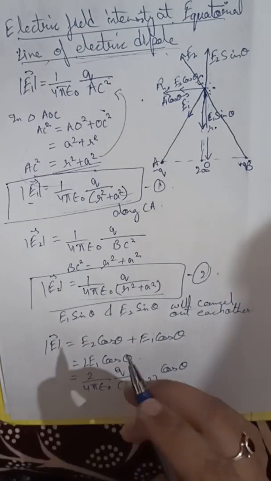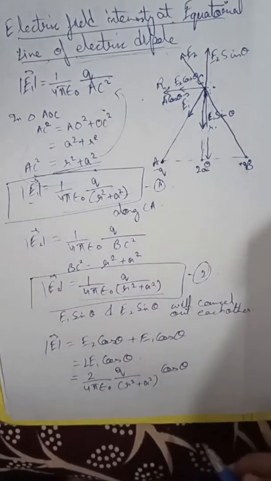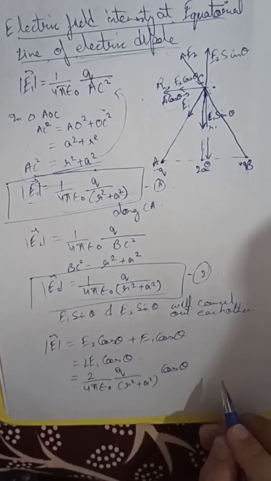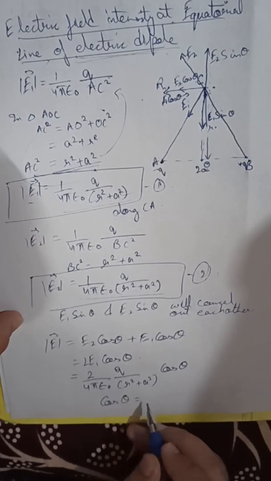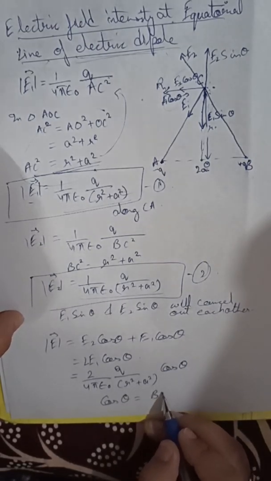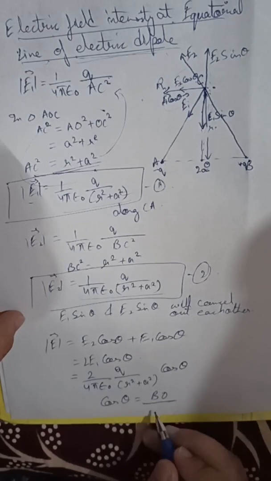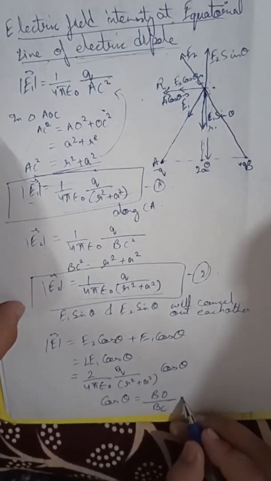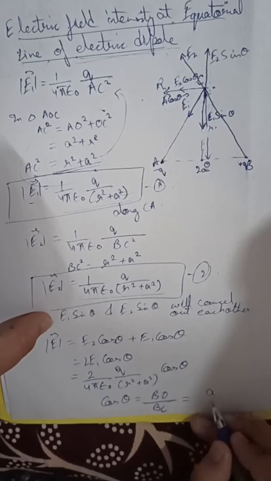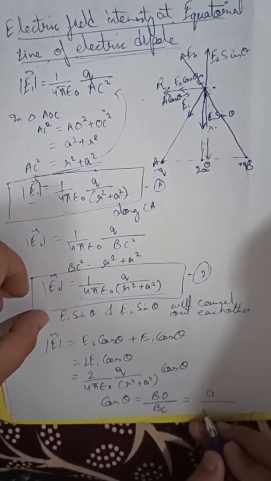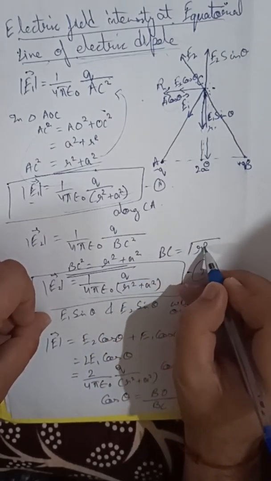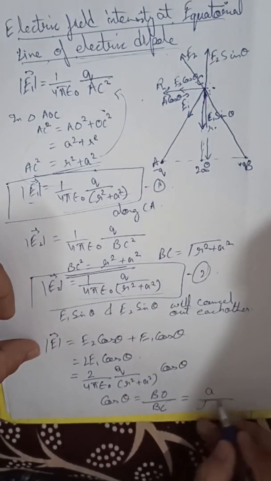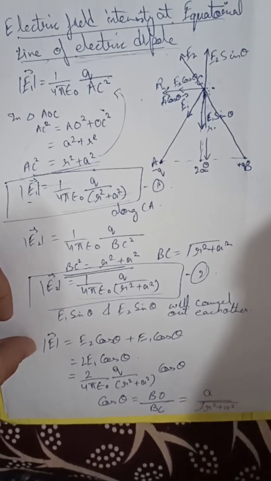From the triangle we can find cos theta. What is cos theta? It is base upon hypotenuse. So cos theta is equal to BO upon BC. Putting in the value, BO is A and BC will be equal to the square root of R square plus A square.